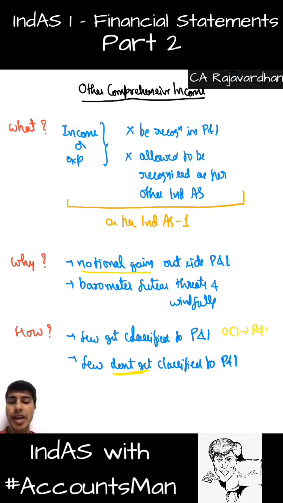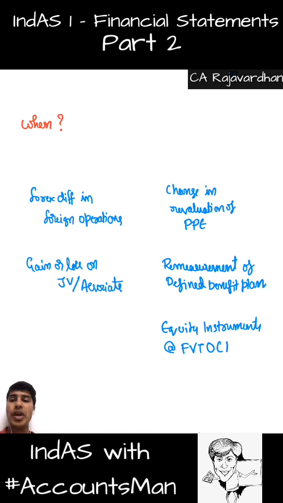So what is over, why is over, how is over? Then the next question that you all will have is when. So when will it get transferred, or when will it not get transferred? So I'll tell you, classification of other comprehensive income to P&L.